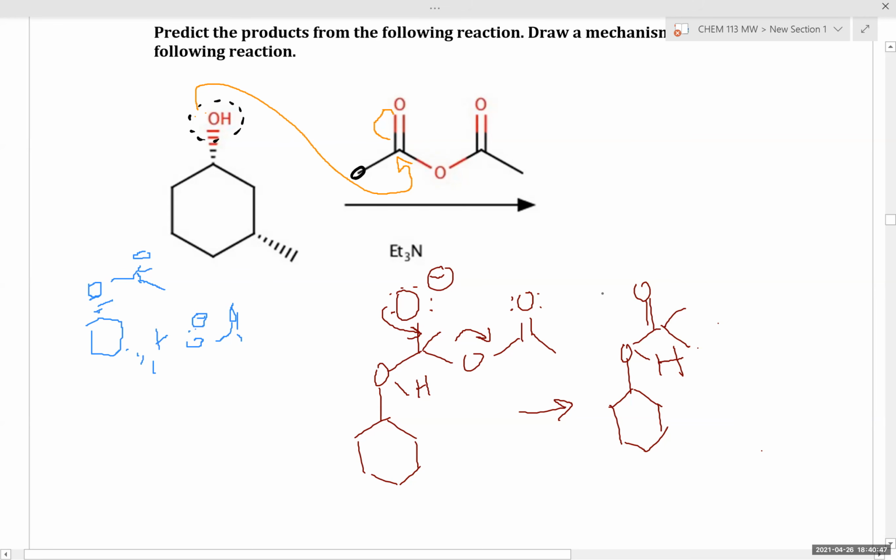So we had a methyl and acetate and we kicked out acetate. So just the methyl group is left. Exactly right. From here, we can pull off a proton to get our neutral ester product.